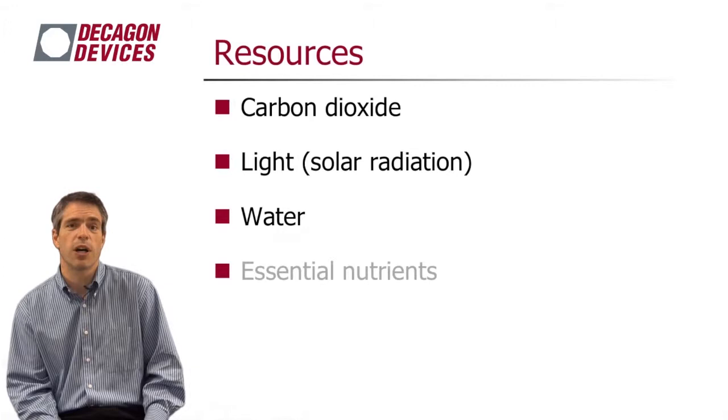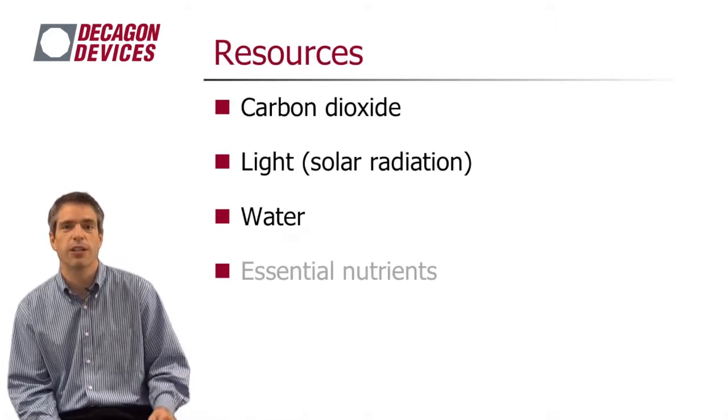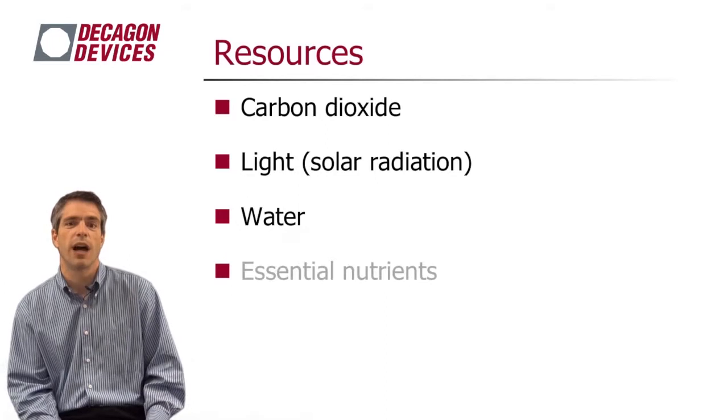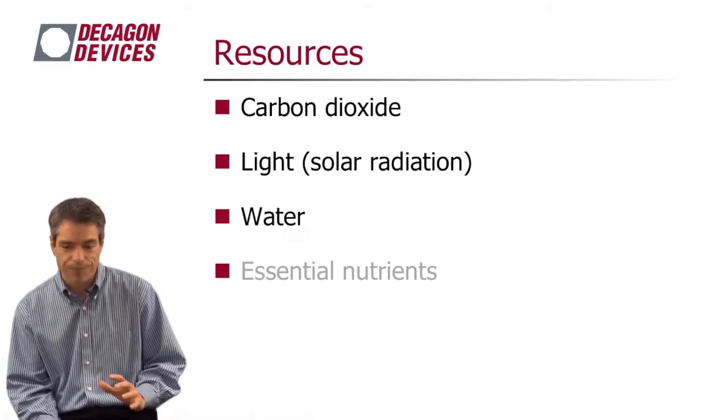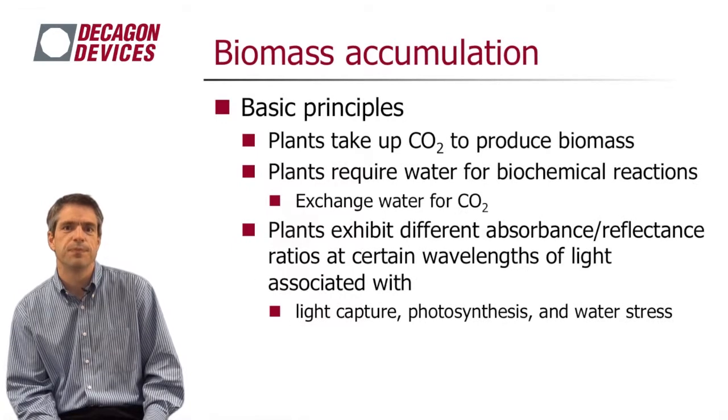Now, you're seeing there at the bottom of the page, we're graying out essential nutrients. Well, sorry, we're not going to talk about that today. We're going to acknowledge that it creates a problem, and we're going to sometimes fall well off that optimum line because we don't have those nutrients, but we're not going to talk about it today. We'll leave that for another day.